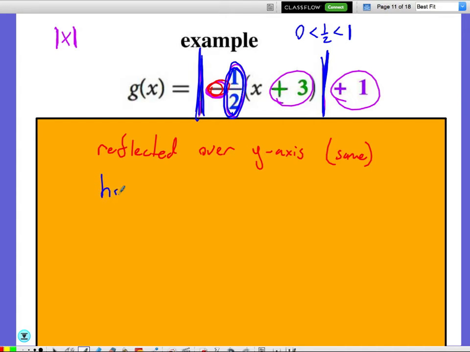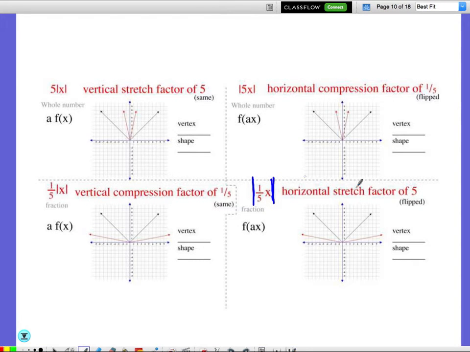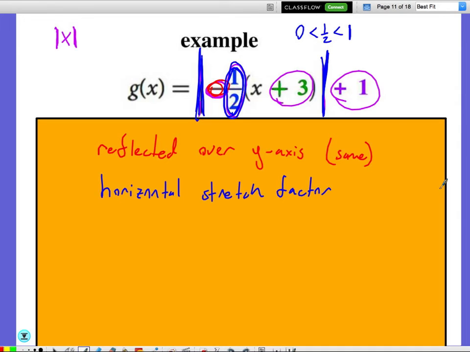So I'm going to write horizontal stretch. Factor of what? I have to look at this. Notice in this example, the factor is what is in the denominator. So 1/5, we flip this 1/5 and it basically becomes by a factor of 5. So that is very important.